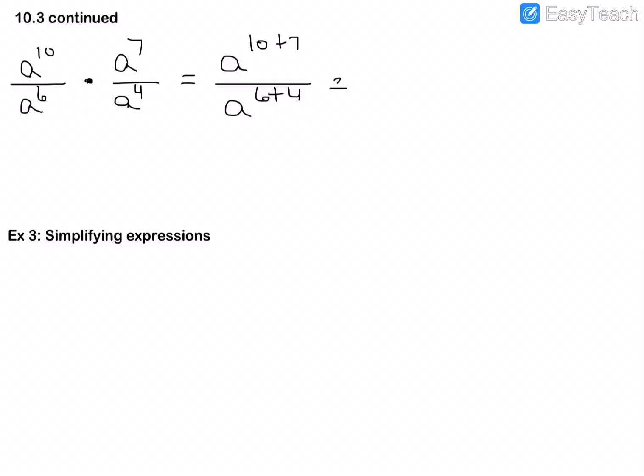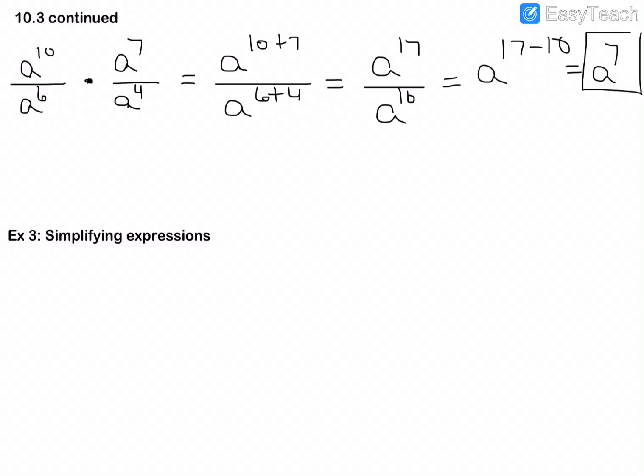And then I get a to the power of 17 over a to the power of 10. Now I'm dividing with the same base, so that's going to be a 17 minus 10, which equals a to the 7th power.